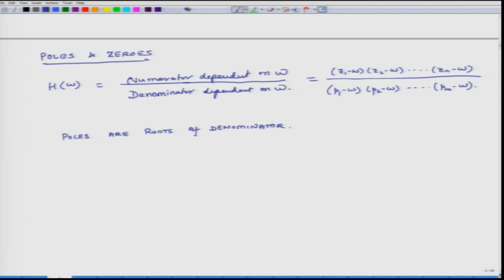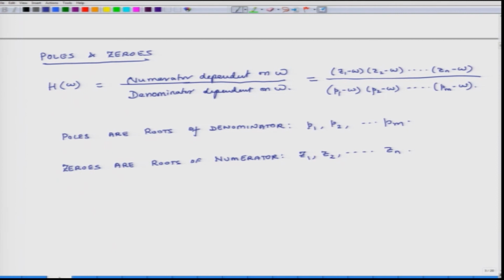So, in this case, if we can factorize the denominator as p1 minus omega times p2 minus omega and so on, then all these poles are p1, p2 till pm, and zeros are roots of the numerator, and these are z1, z2 and so on till zn.